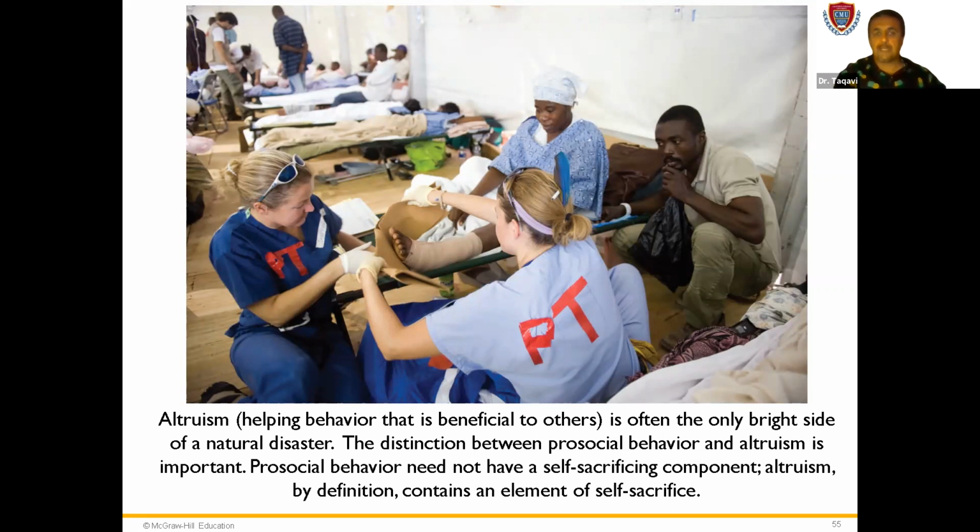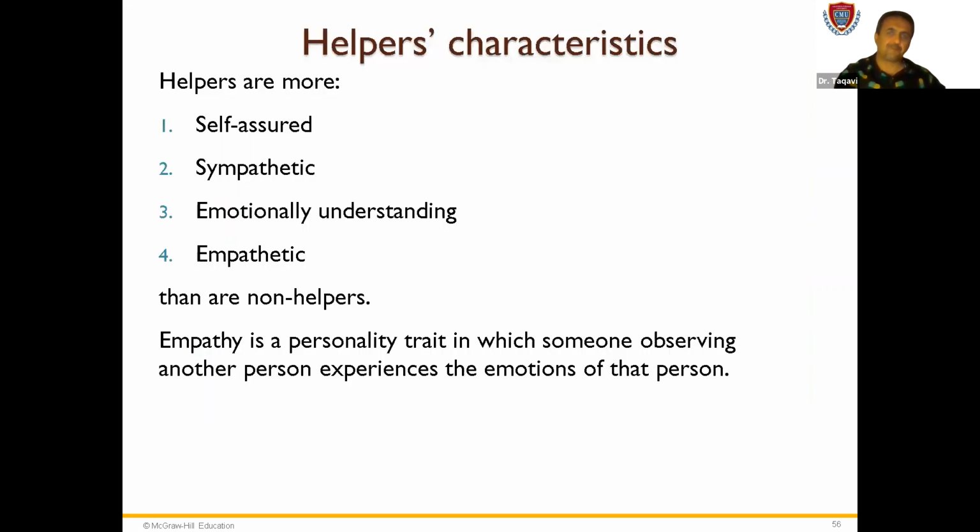But in altruism, absolutely, it contains an element of self-sacrifice. Helpers' characteristics are that they are self-assured, more sympathetic, more emotional, understanding, and more empathetic than non-helpers. And what is empathy?